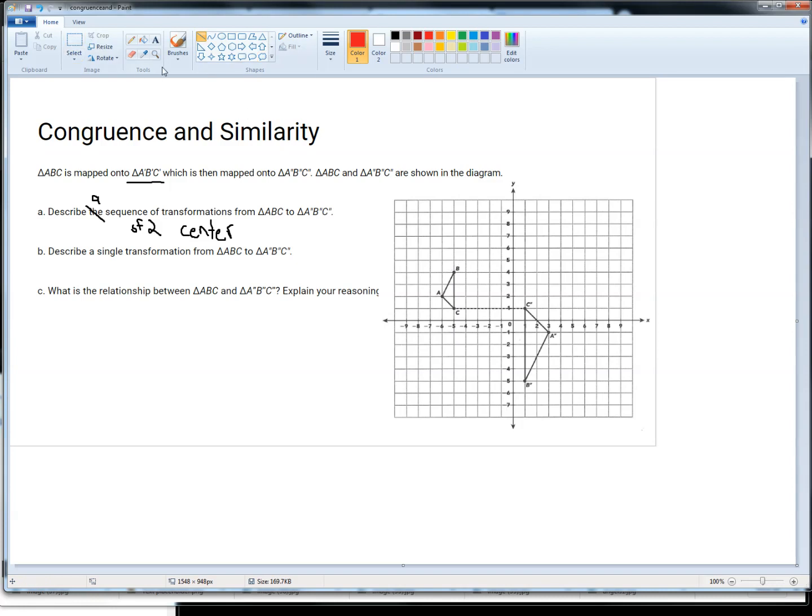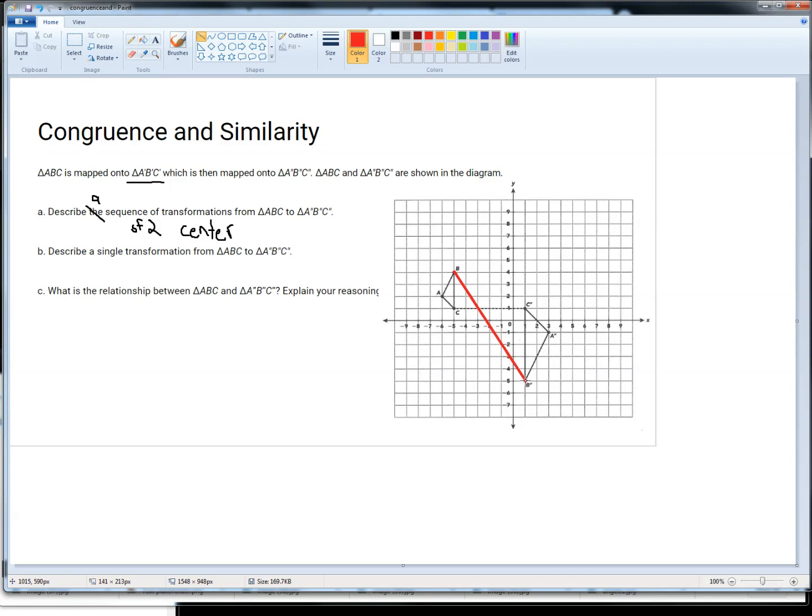We already know that the scale factor will be some sort of 2. We need the center point and we need the scale factor. So the way we do this is kind of neat.